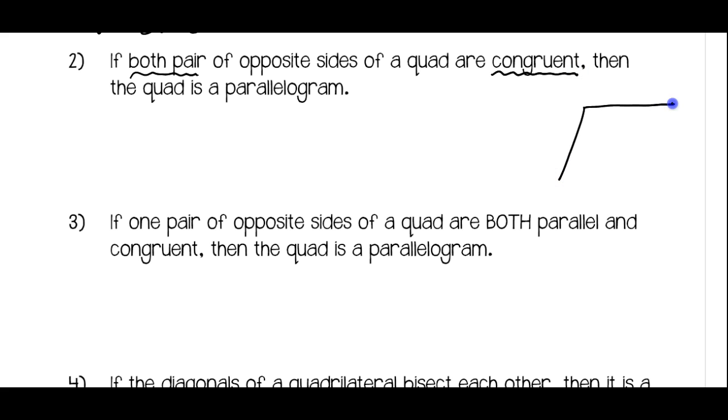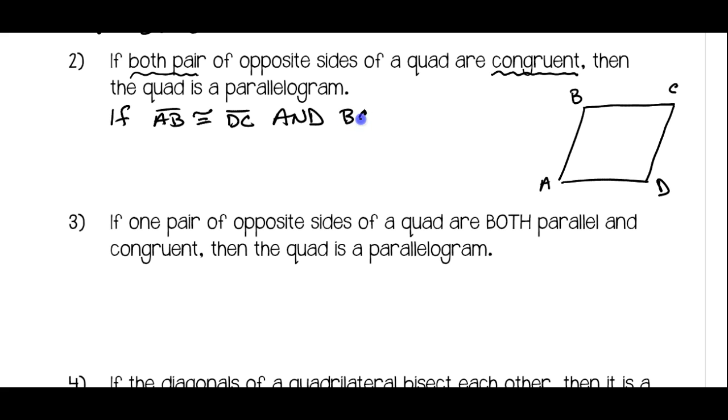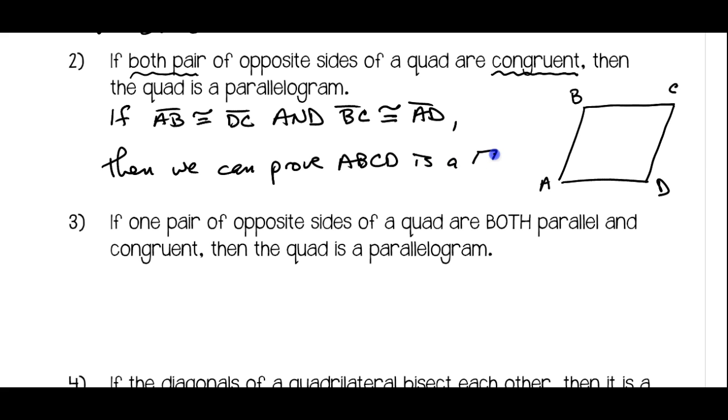So again, if I have my quadrilateral, and we'll call it A, B, C, D, if AB is congruent to DC, and we need both, BC is congruent to AD, then we can prove ABCD is a parallelogram.